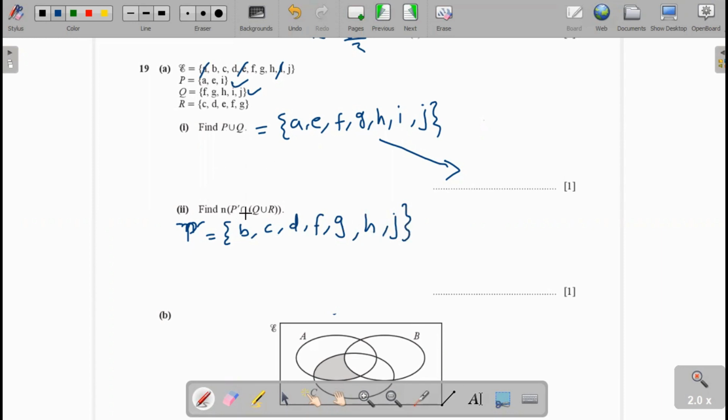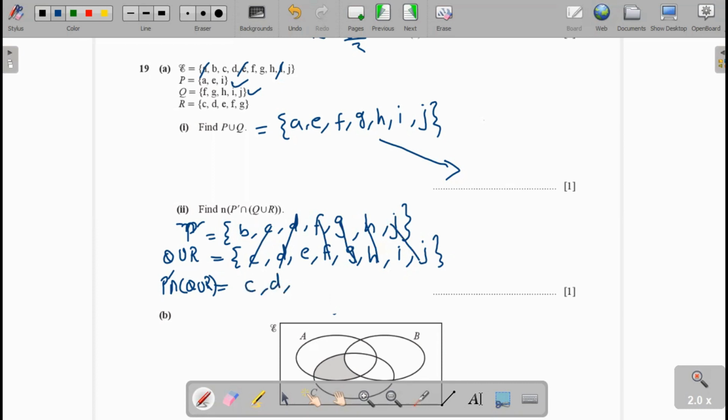Okay. Now next is Q union R. We take Q union R. Now we write these values: C, D, E, F, G, H, I, J. Now the common elements of P dash intersection Q union R are C, D, F, G, H, J. Now these are the numbers, 6 elements.